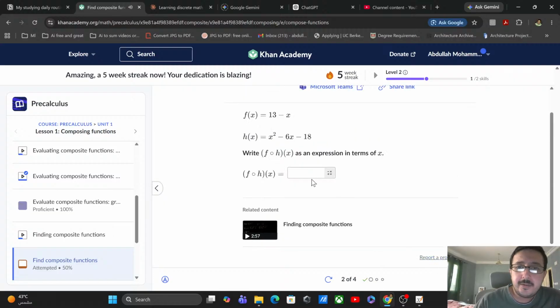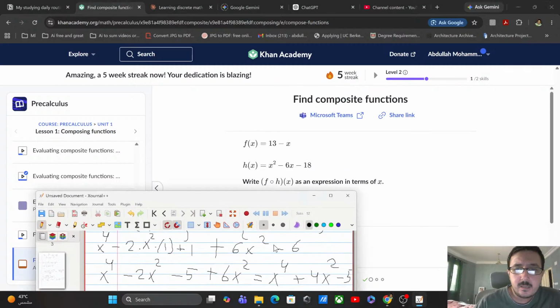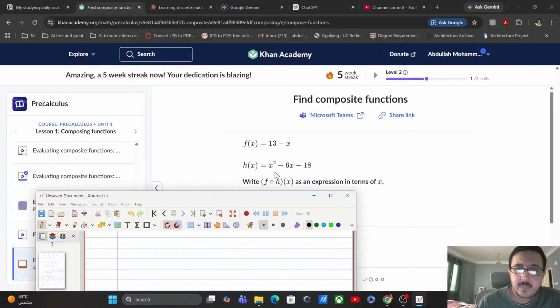Okay. Now l of x. Got the h, gotta plug it here, so I got 13 minus, I got x squared minus 6x minus 18, to lose the brackets.